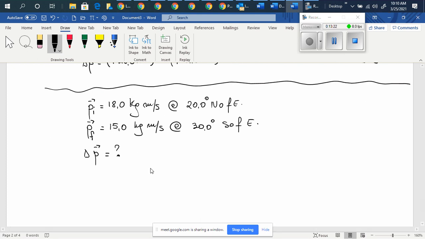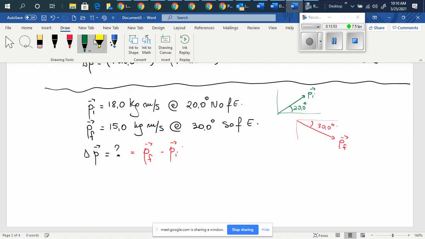So the change of momentum is final minus initial, and our final is between south and east. This is P final with an angle of 30 degrees with the east axis, and initial is between north and east, this one here with a 20-degree angle with the east axis.